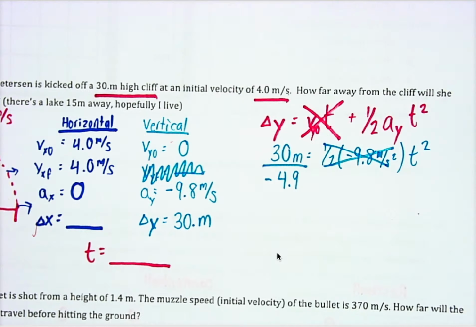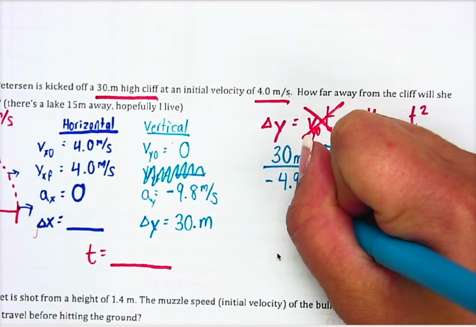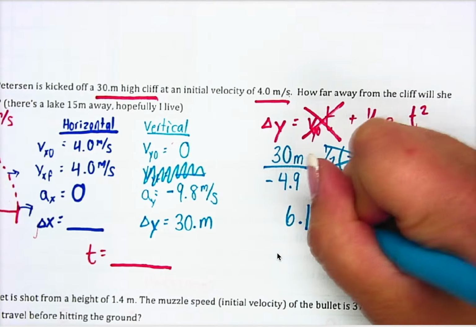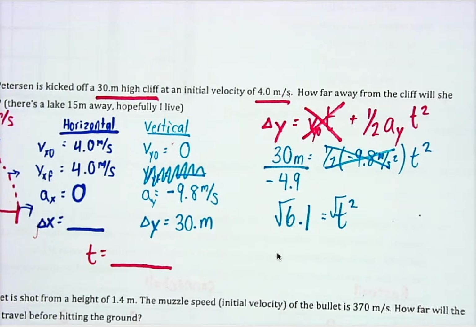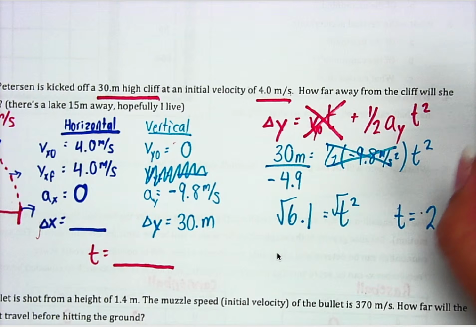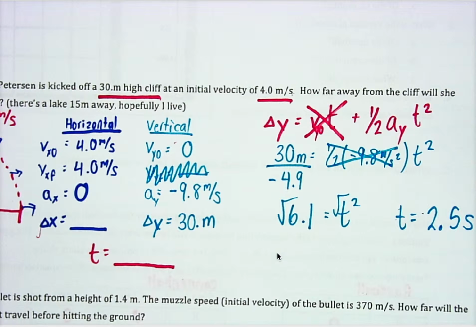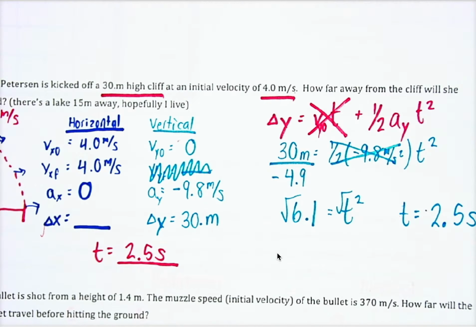So I get 30 divided by negative 4.9, and I get 6.1 seconds squared equals t squared. Take the square root of both sides, and I get that time equals 2.5 seconds.